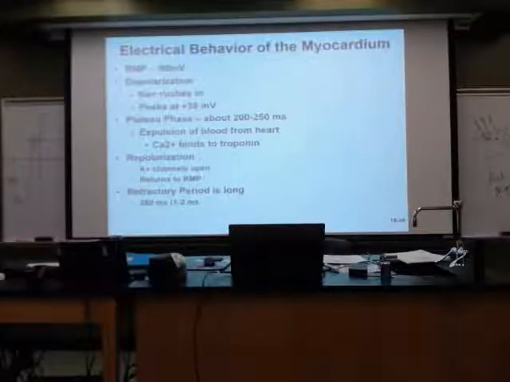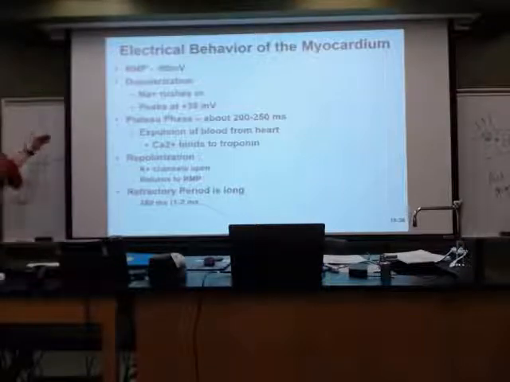Now, this plateau phase is going to happen for roughly 200 to 250 milliseconds. I know, in our minds, it's hard to imagine that amount of time. But during that plateau, where it's basically holding its own, that allows for the blood to be expelled from the heart.